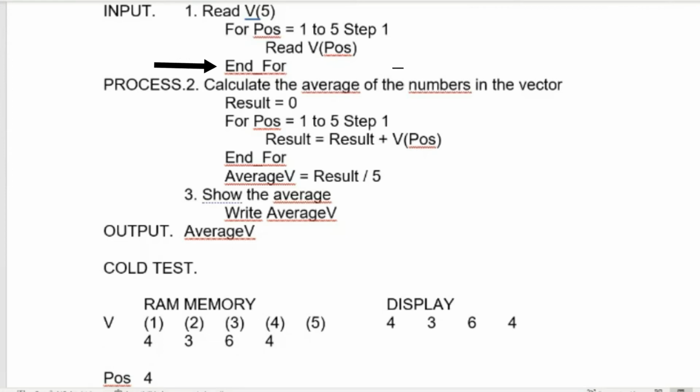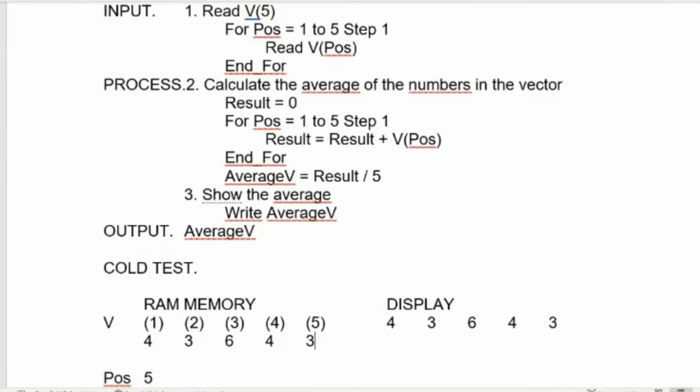Next, step 1. That means 4 plus 1 is 5. Suppose you read number 3. This number 3 is going to the position 5 of the vector. Position 5 is 3. Okay?